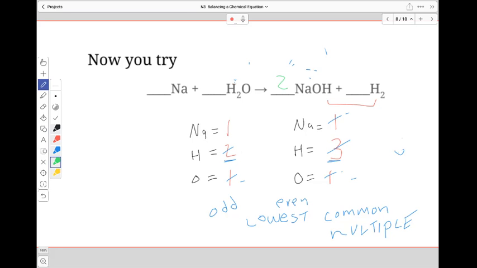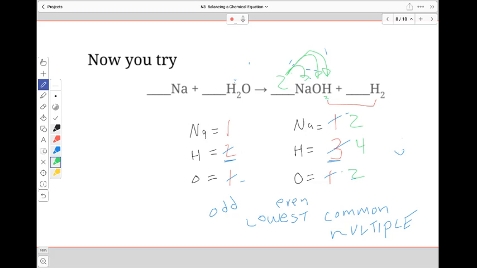And if I put a coefficient of 2 here, that will distribute to the sodium, the oxygen, and the hydrogen. So that's going to give me a total of 2 sodiums, a total of 2 oxygens, and a 2 here. So 2 plus 2 is going to be 4 hydrogens. Okay.